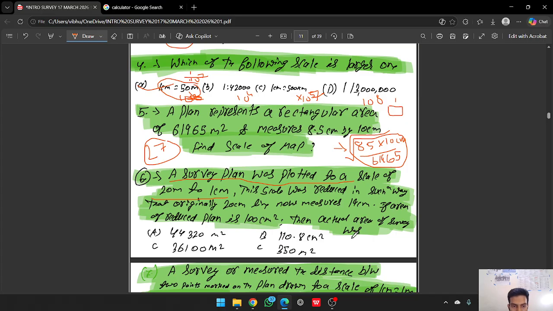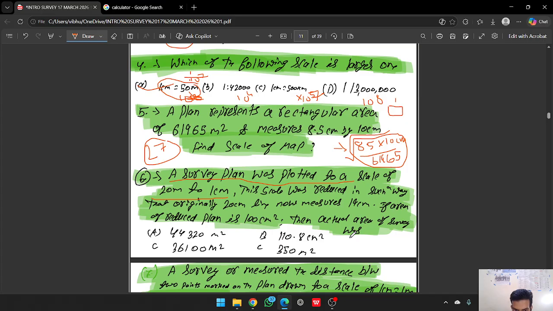Here we will represent the fact. Actual means on the ground. We need ground means RF, wrong RF. What is the wrong RF? 19 by 20, now measure 19 centimeter.